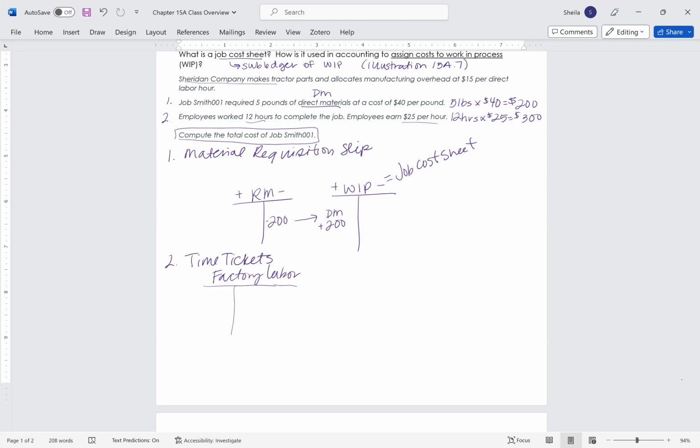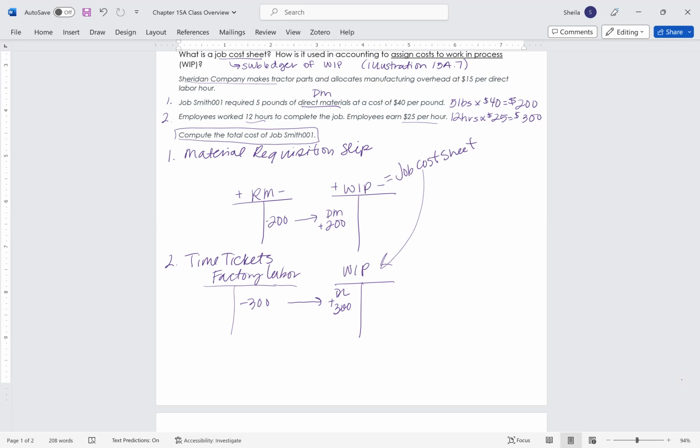Our job in moving the cost is that this labor of $300 is moved out, and of course, guess where it goes? Right into WIP, again, that job cost sheet. So we're increasing the WIP account by $300 to reflect the amount of direct labor incurred on this job.